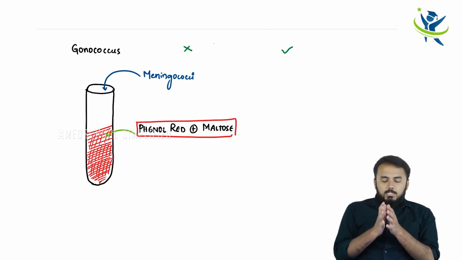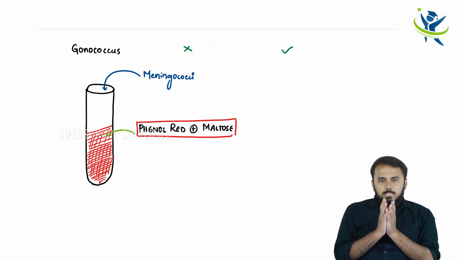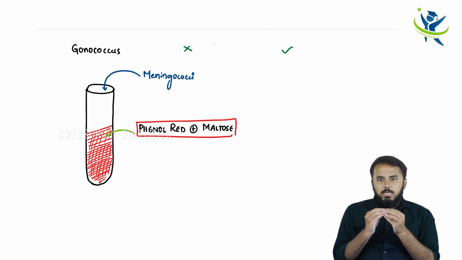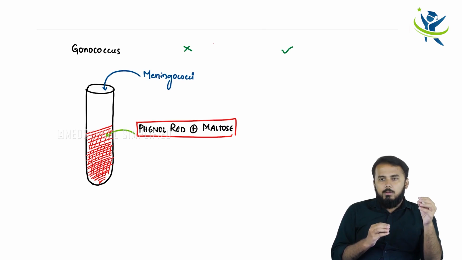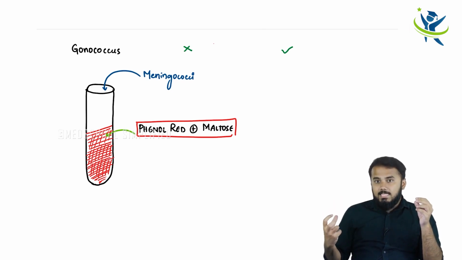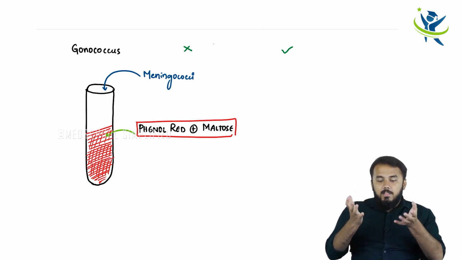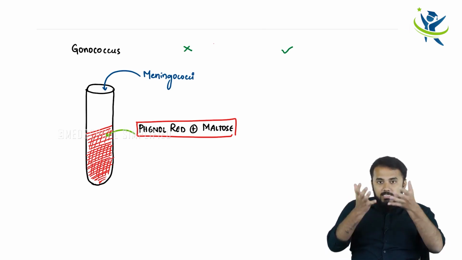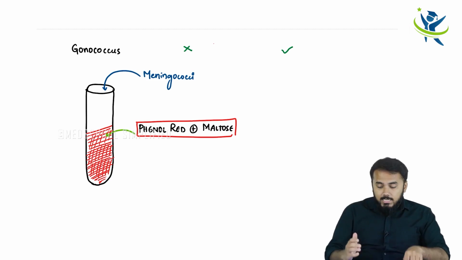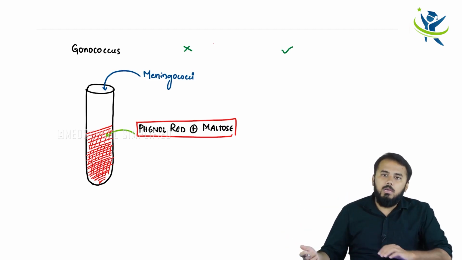And this Meningococcus, once it enters that phenol red and maltose medium, will release an enzyme called maltase, and this maltase will convert maltose into lactic acid. It means within the test tube, the acid content is increasing, the pH is decreasing, the acidity is increasing. So when the acidity is increasing, the red color will turn into yellow color.